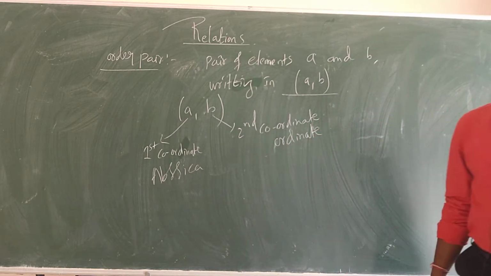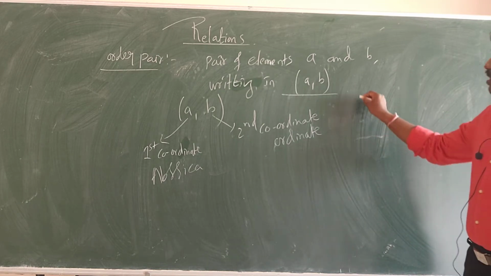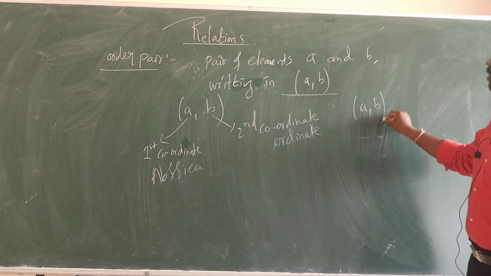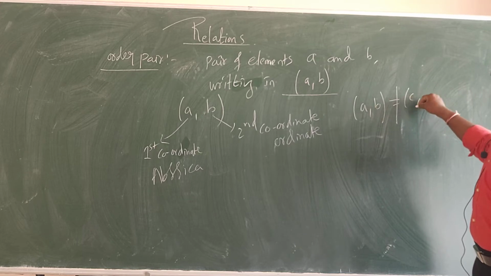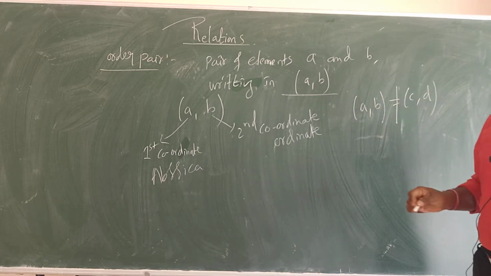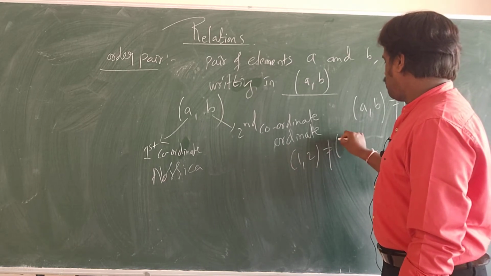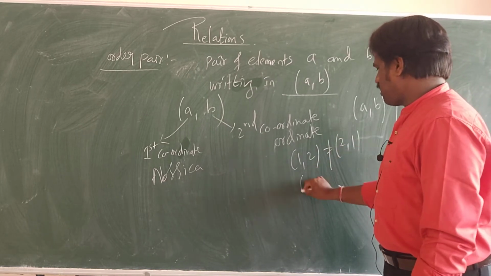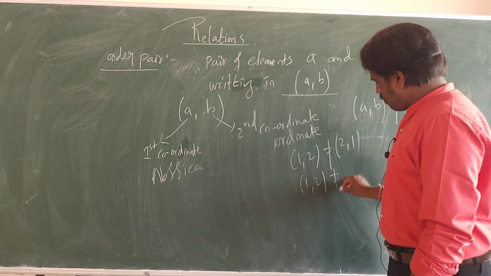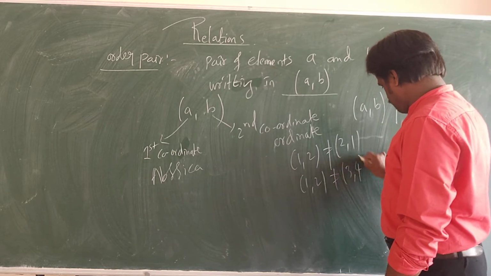If you see, A comma B will never equal C comma D, I mean 1 comma 2 is never equal to 2 comma 1, and 1 comma 2 is never equal to 3 comma anything.